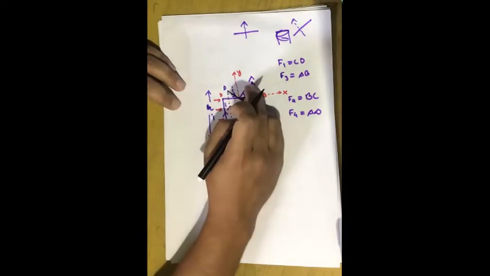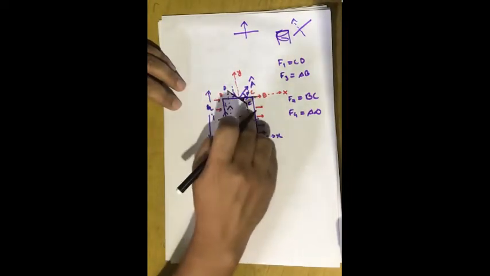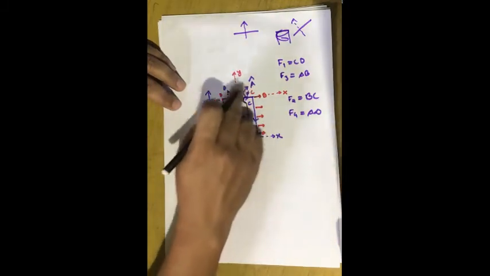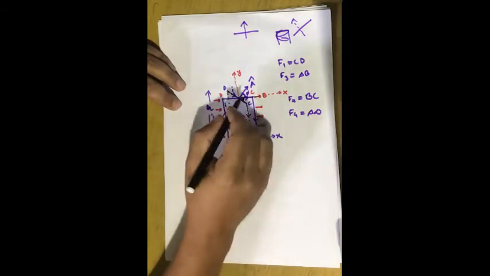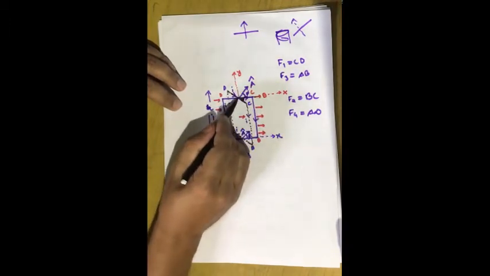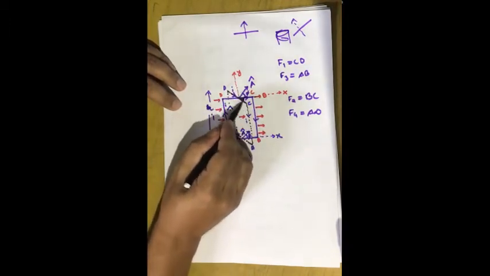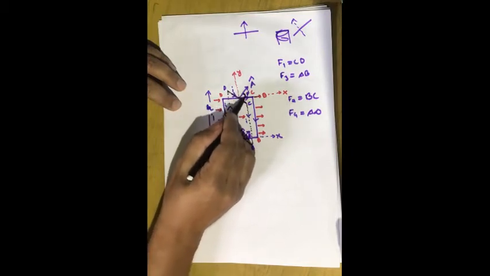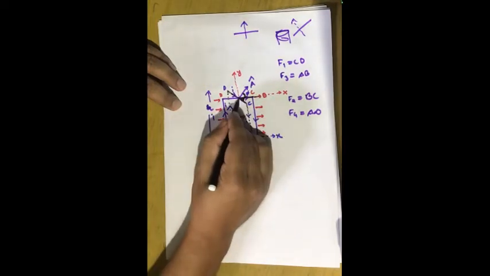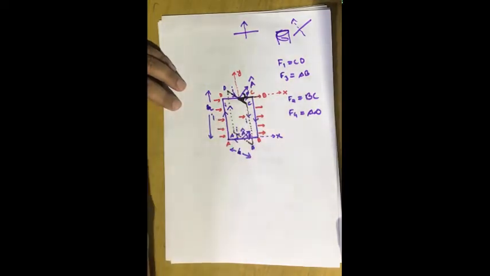Now since A cap is a normal vector, it has to be perpendicular to the line AD. Therefore this total angle, as you can see in the figure, will be equal to 90 degrees and this angle is equal to phi. Therefore the angle between the current element and the magnetic field will be 90 minus phi.